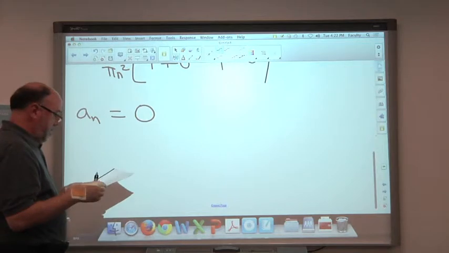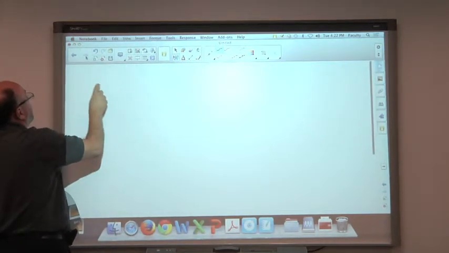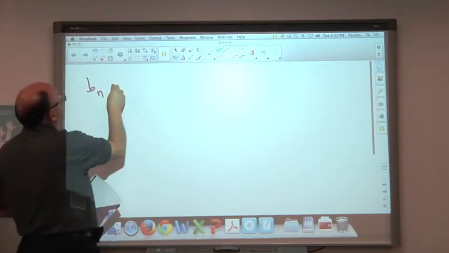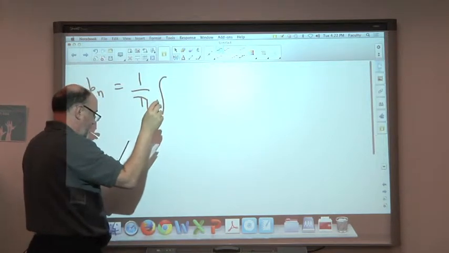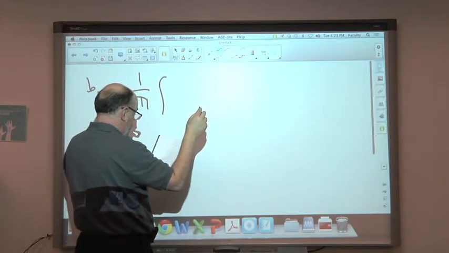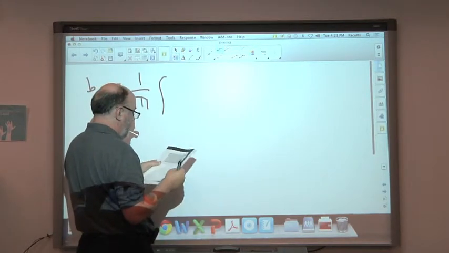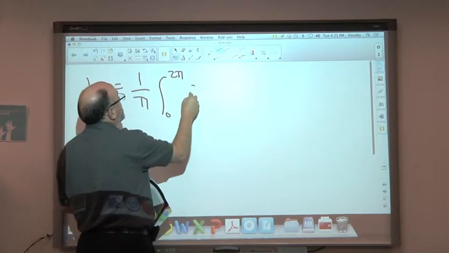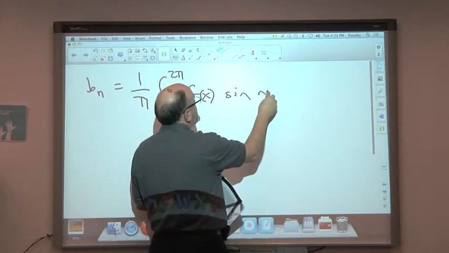Okay. So now we go to our b sub n, the last coefficient. So b sub n was given by 1 over pi, interval 0 to pi. Let's go back to the original formula: 1 over pi, 0 to 2 pi, f of x sine nx.